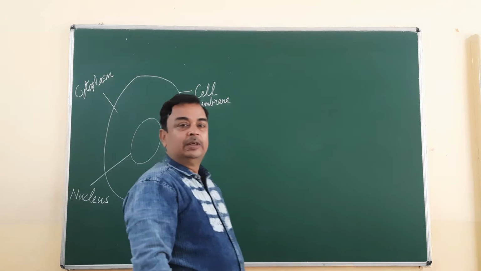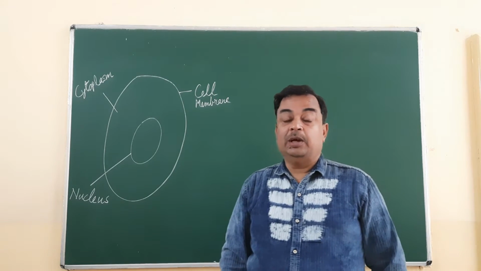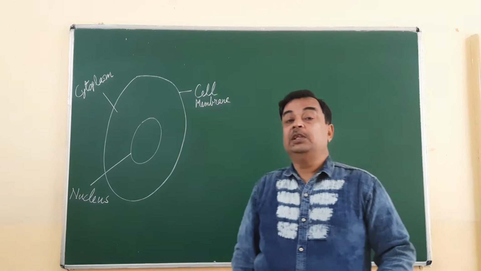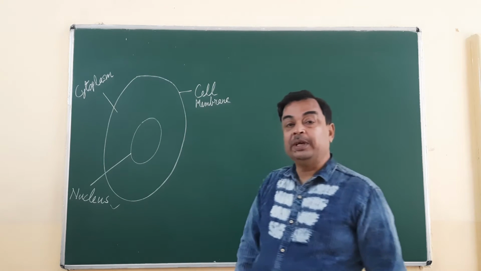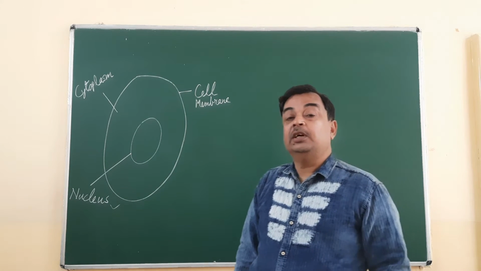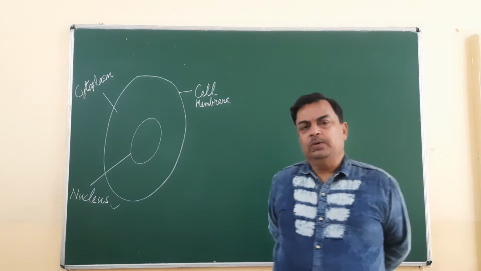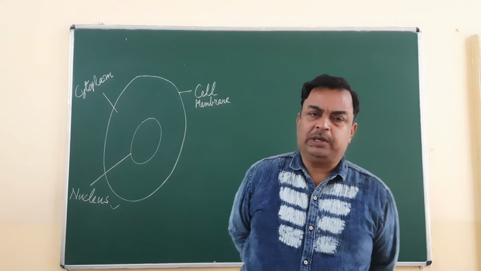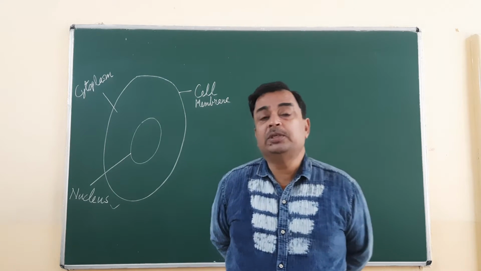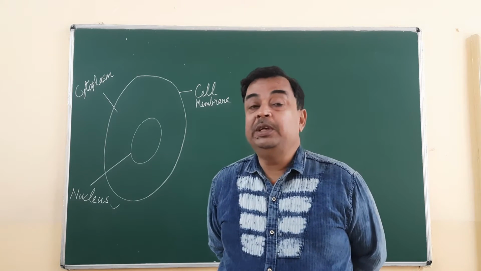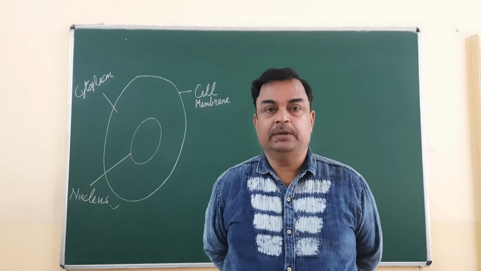So children, today we are going to discuss the most important part of a cell, that is known as nucleus. We will discuss the structure of nucleus. The nucleus is very important in a cell because it contains all the information which is to be inherited, passed on to the next generation.